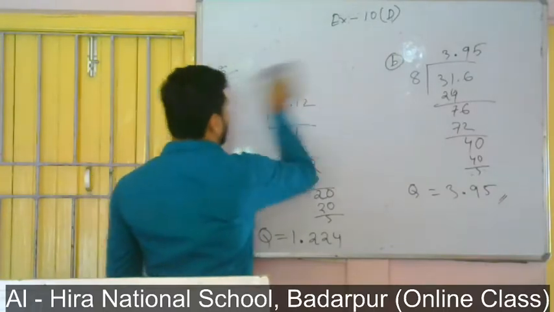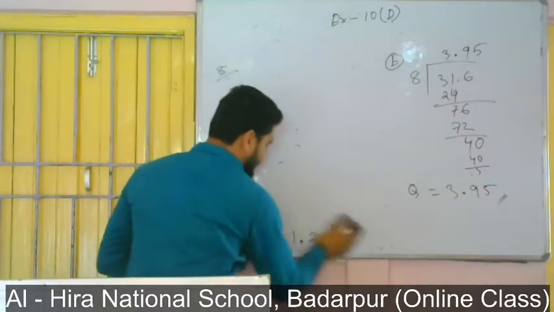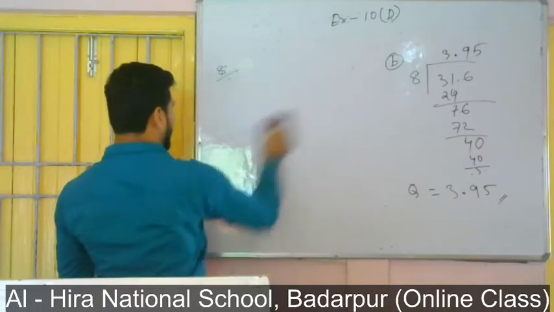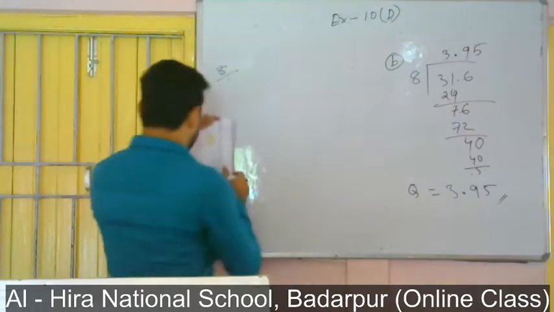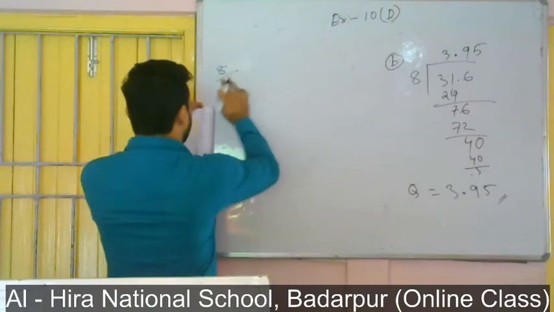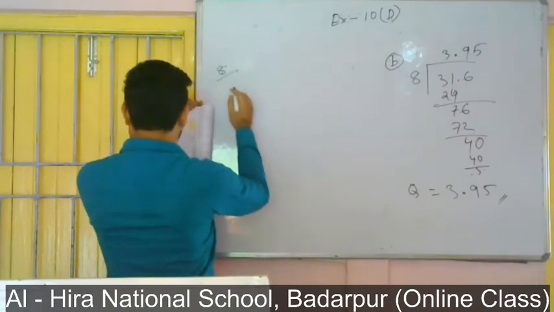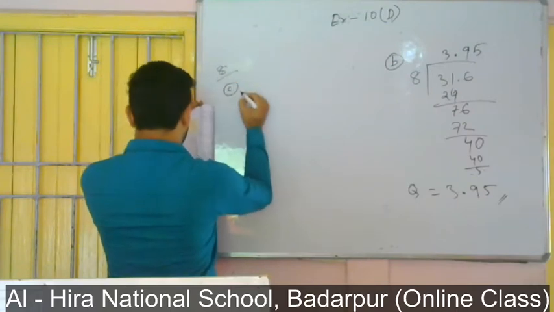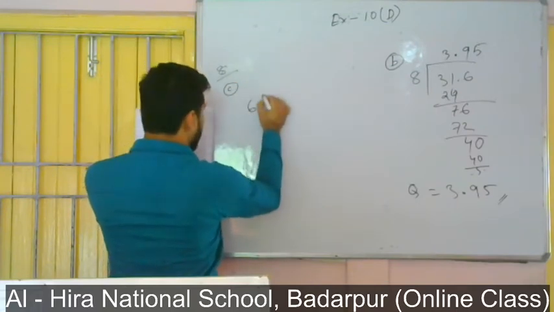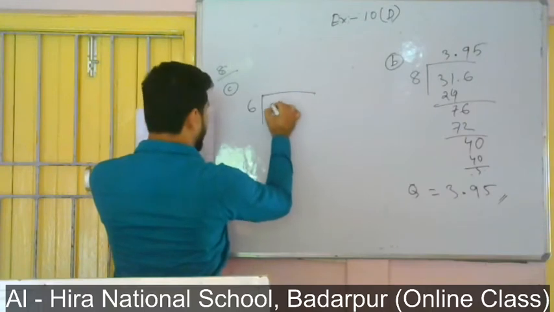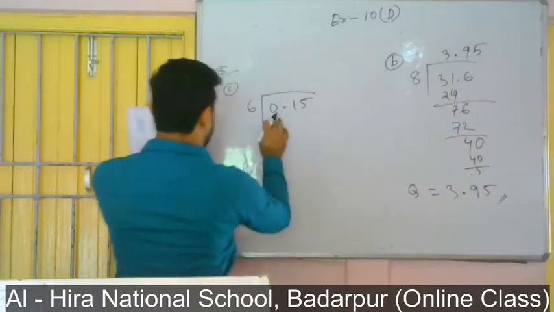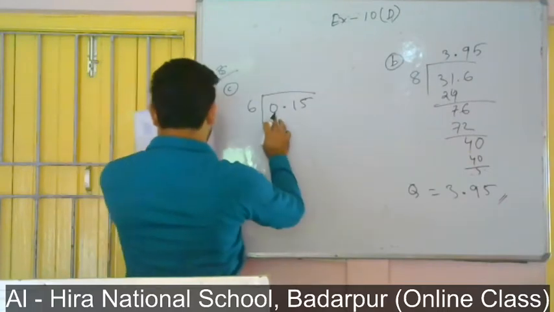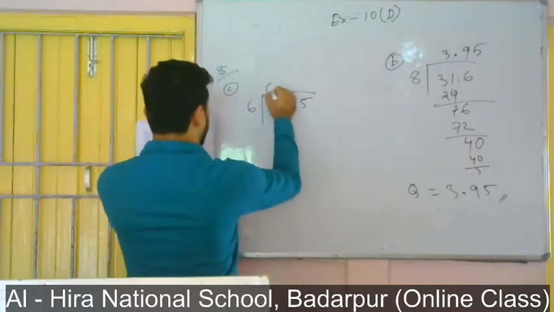Now come to question number 8c. 8c, you see, 6 is the divisor and 0.15. Okay, here you see we cannot divide the integral part, so we'll put point.